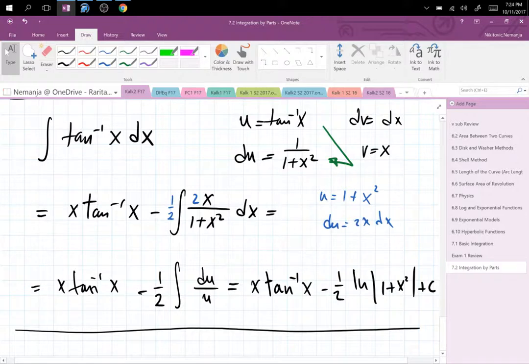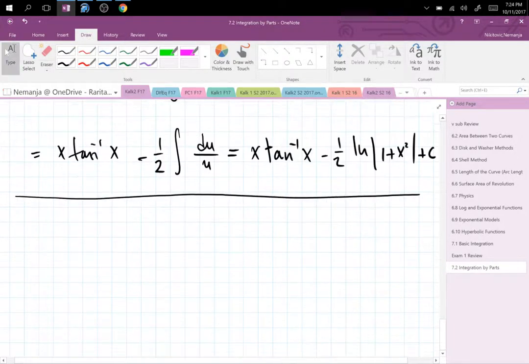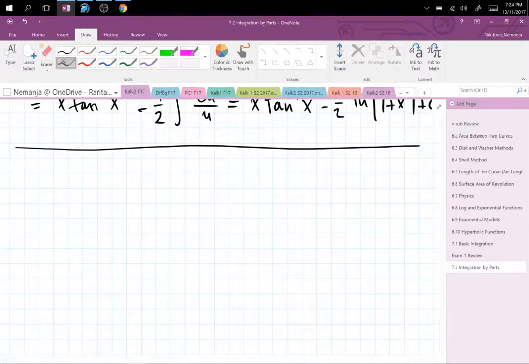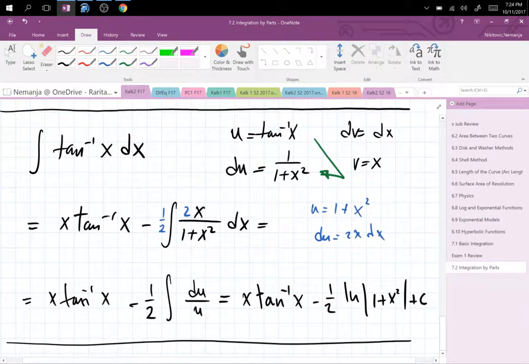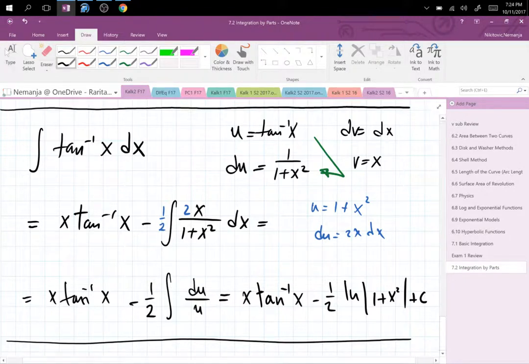Push the button. On the other side, I just say, "Tell me what I need to know." Yes. I'll go like this: dx over 1 plus x squared.